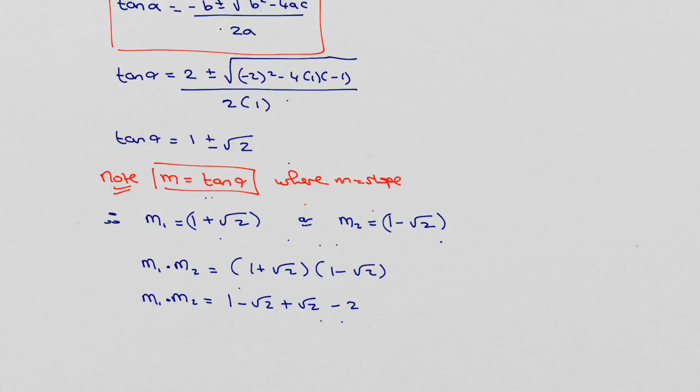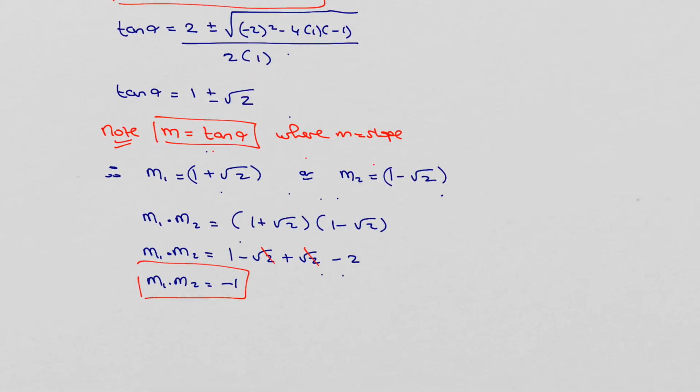And of course, root 2 and minus root 2 is 0. And therefore, lo and behold, I'm left with 1 minus 2, which is minus 1. And therefore, we're using our theory from maths to say, therefore, our slopes are perpendicular.